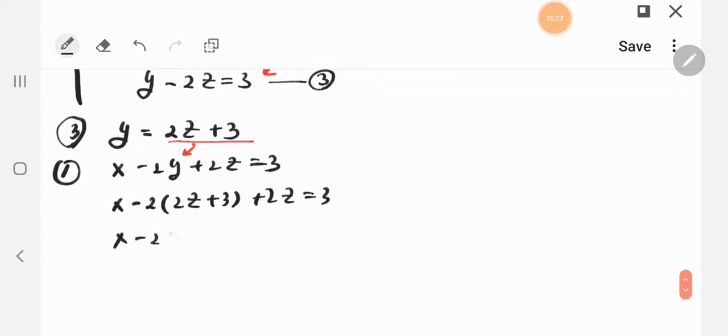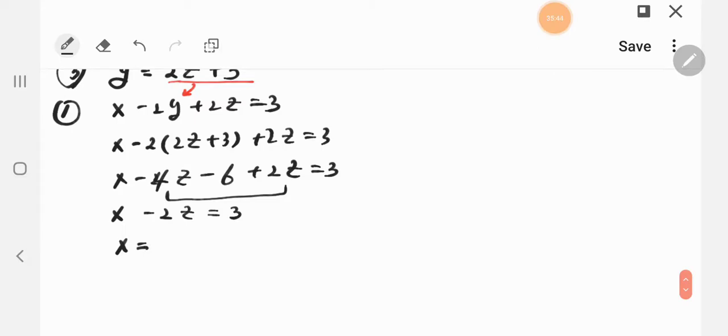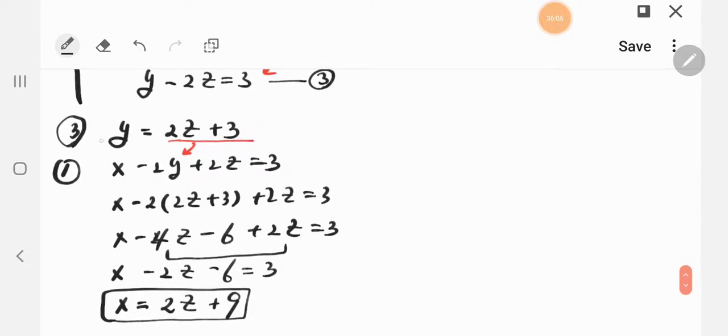Then x minus 4z minus 6 plus 2z equals 3. Combining like terms, x minus 2z minus 6 is equal to 3. Then move the 6 and the 2z to the right side, so x equals 2z plus 9. So we can rewrite x like this and y like this.